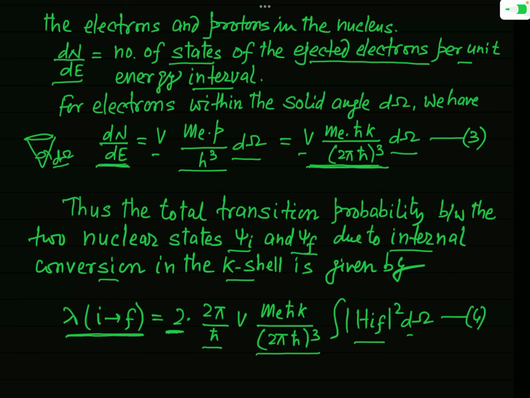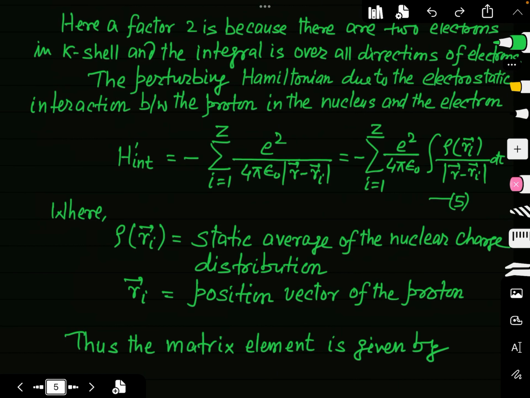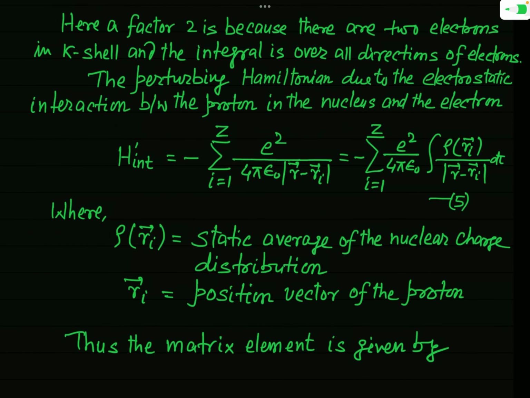Okay, so why 2 is here, you can see, I have mentioned it here. The factor 2 is because there are 2 electrons in the K shell, and the integral is over all directions of the electrons.